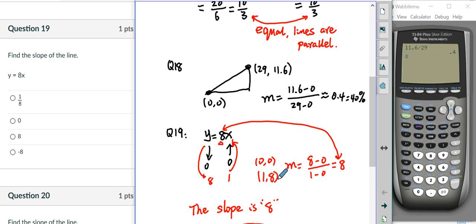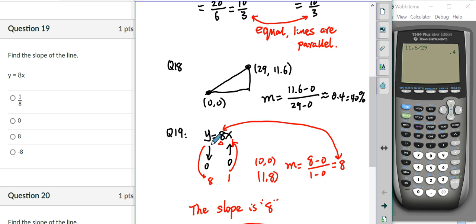And then rise over run is the vertical coordinate, y coordinate, 8 minus 0, divided by the difference of the horizontal distance, 1 minus 0. And we know that 8 minus 0 is 8, 1 minus 0 is 1. Final answer is 8. So basically, the coefficient of this 8 is the slope.